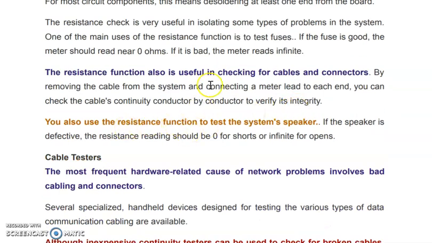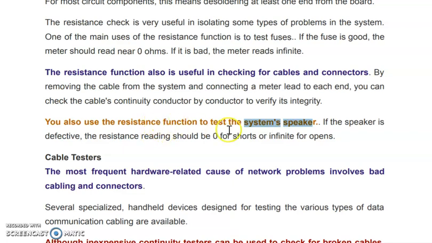Also, the resistance function in this multimeter is used to check the system speaker. For the components directly related to your power supply, if there is some error in receiving power and converting it into proper voltage, then this multimeter works.